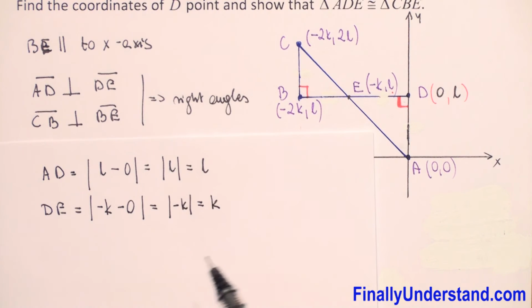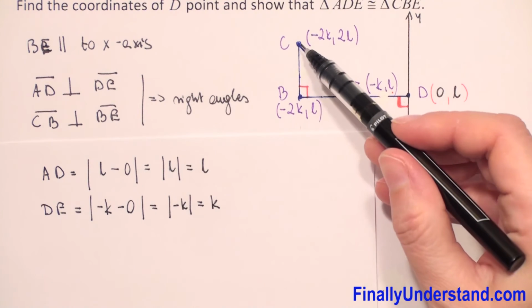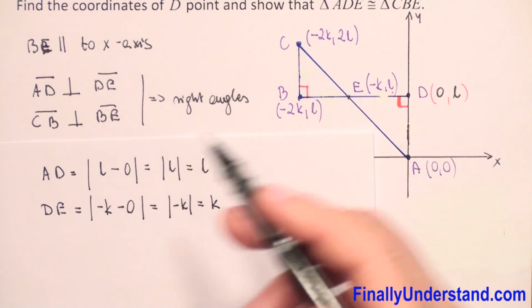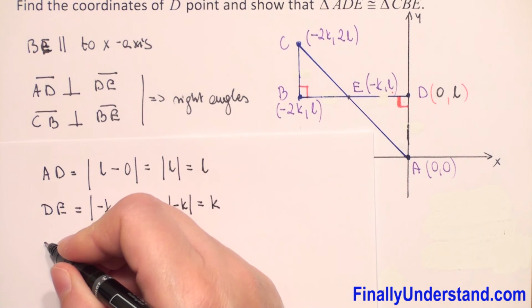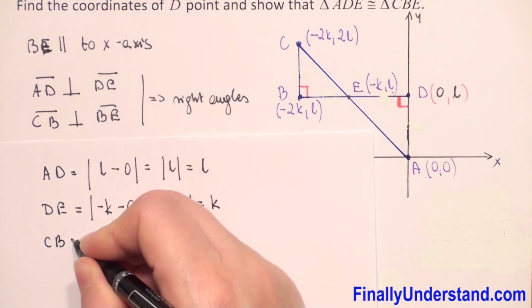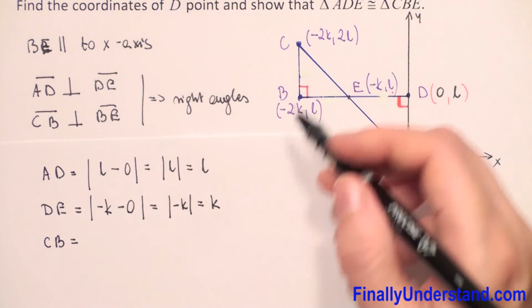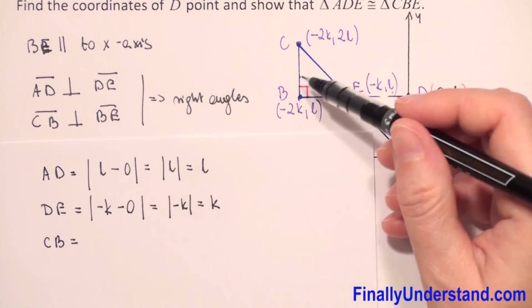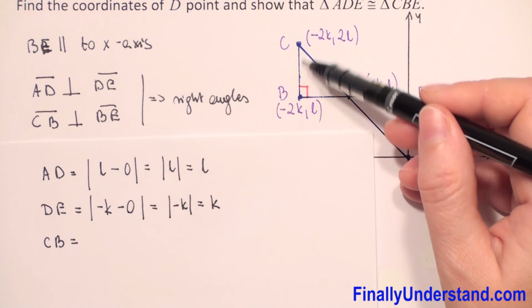Next we will find CB, the length of CB segment. CB is a vertical segment.